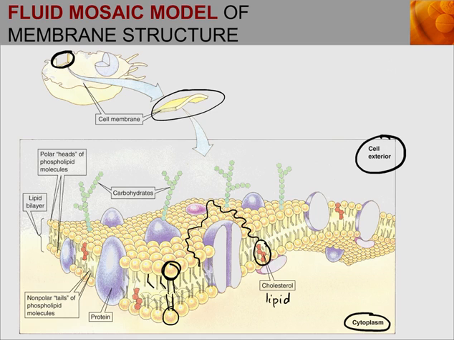And again, that's why the membrane is so fluid, because it's not rigidly stuck together. We've got these kinks and bends that are keeping the structure more liquid or more fluid, which is a good thing.